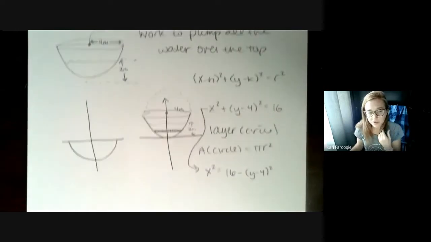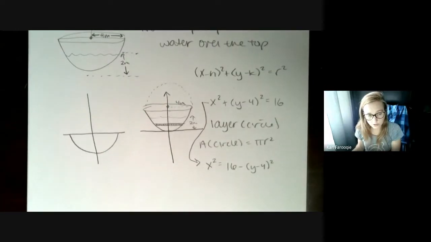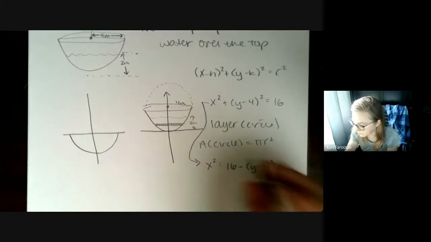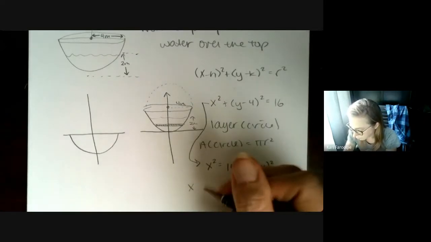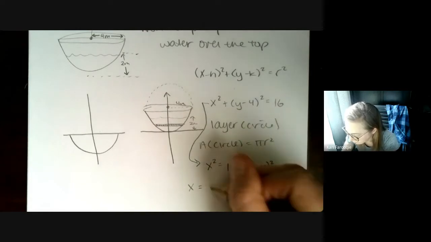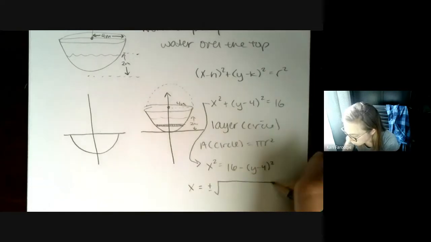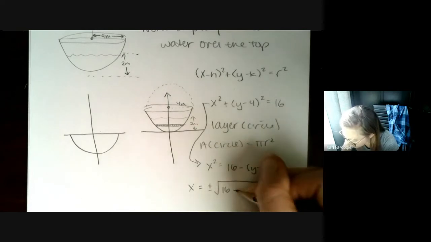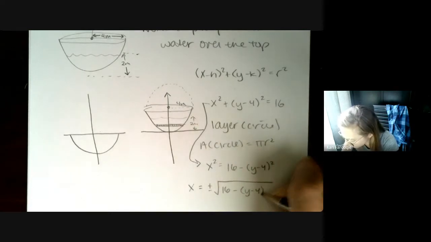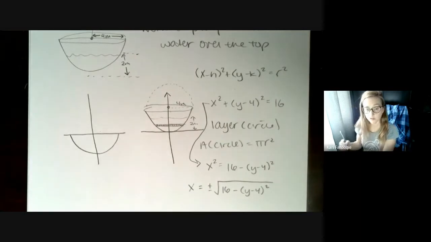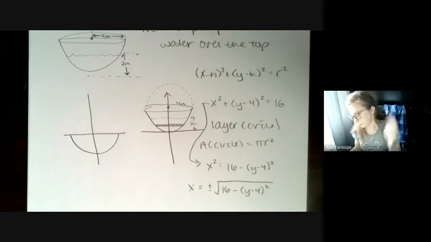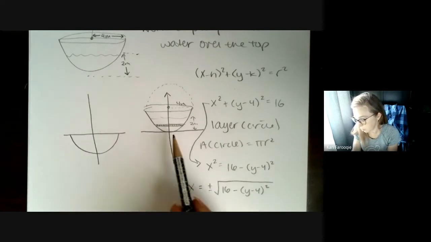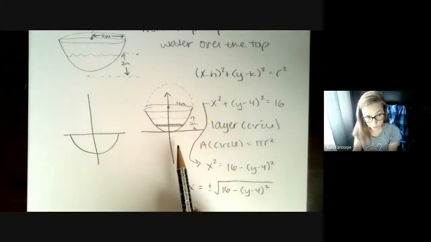It's going to be up to you how you want to write this expression, but we can go ahead right now and just focus on x equals plus or minus, and we're going to focus on the plus side: the square root of 16 minus (y minus 4) quantity squared. And that will give us the equation for the right side of our circle.